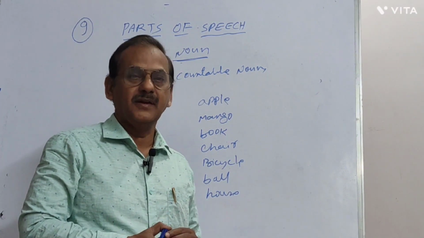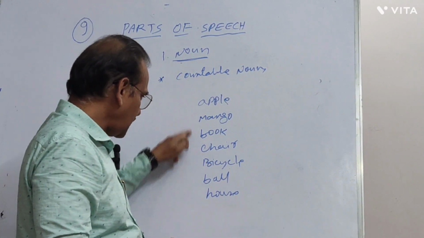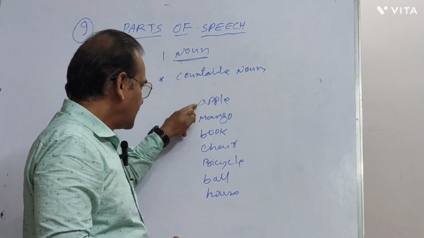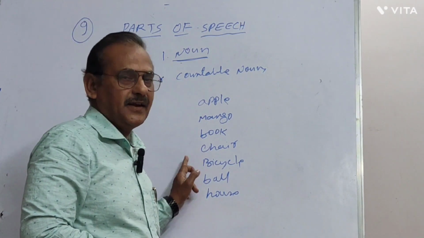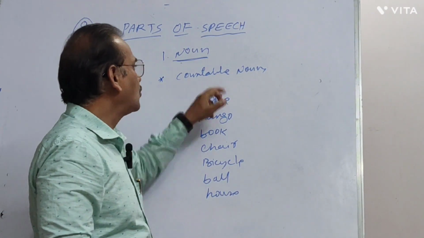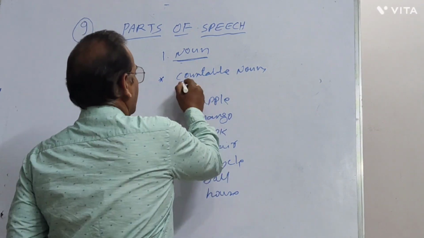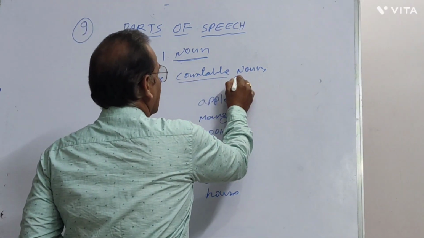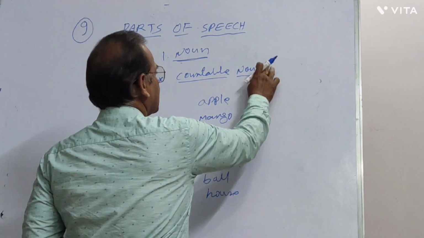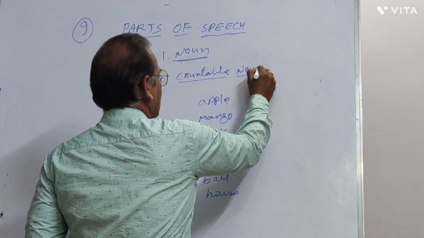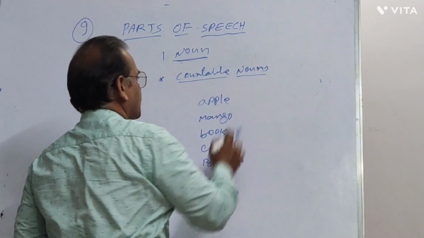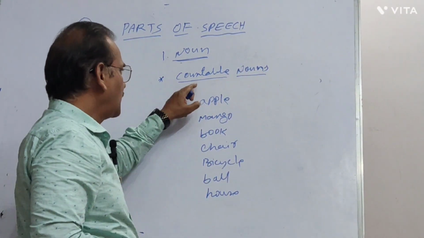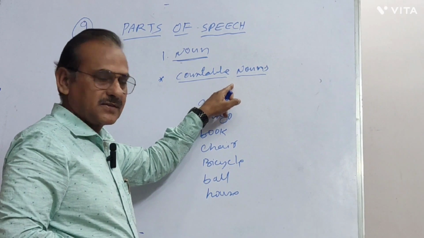We can count them in number. So that's why the things which are able to count in number are called countable nouns. Previously I told you that the name of a person, place, animal or thing is called a noun. Now we learnt what are countable nouns.